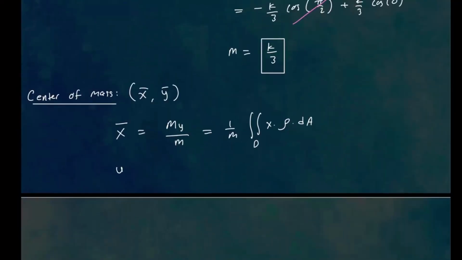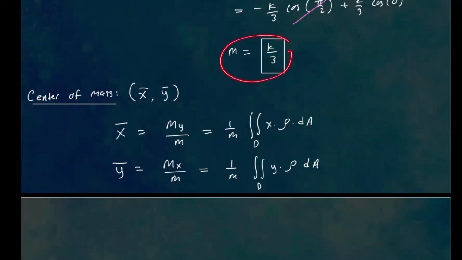And y bar is the moment about the x-axis divided by the mass. If you rewrite this as an integral, this is 1 over m, the double integral over the region D, y times the density dA. These are the integrals we have to compute, and then we are ready to finish up the problem. But we have the mass, so that is the good thing.